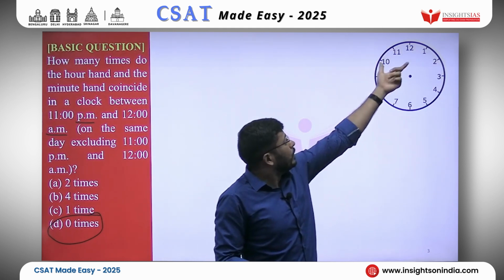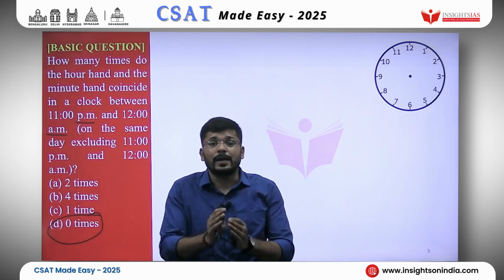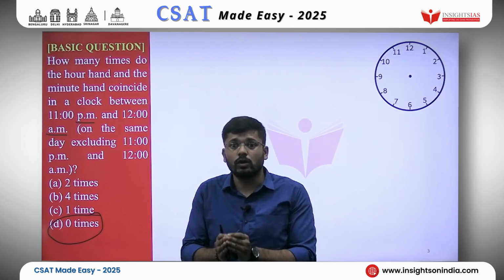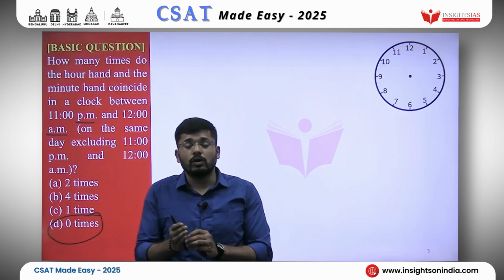However, between 11 and 1, that is between 2 hours, they would be coinciding only once, and the time would exactly be 12 o'clock. At exactly 12 o'clock, the hour hand and the minute hand coincide between 11 o'clock and 1 o'clock.